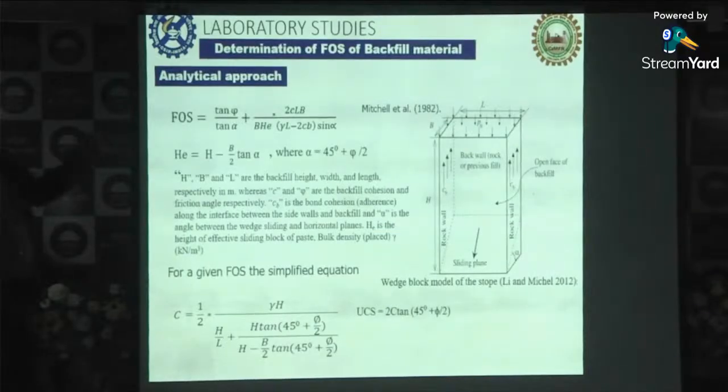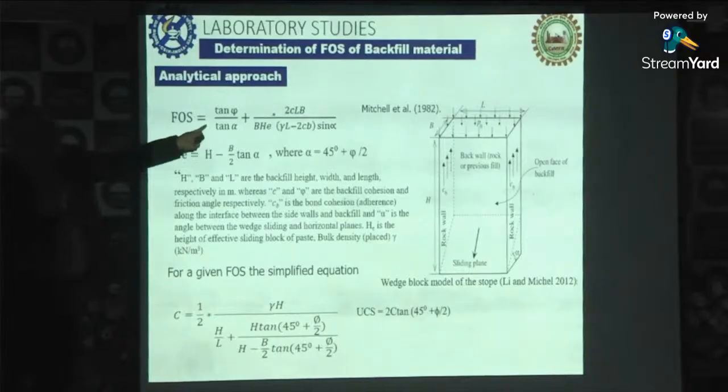So this is the formula which is used for determining the factor of safety. This is an analytical approach given by Mitchell way back in 1982, and it has been modified by different authors. The factor of safety is given by different parameters, and this formula is a simplified version.